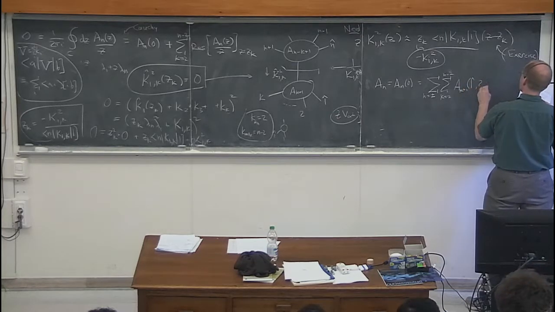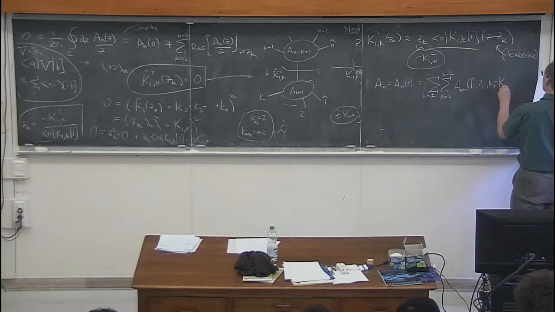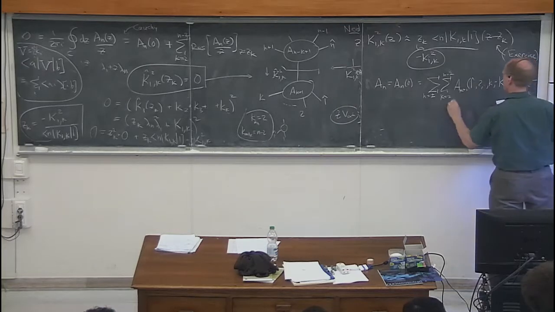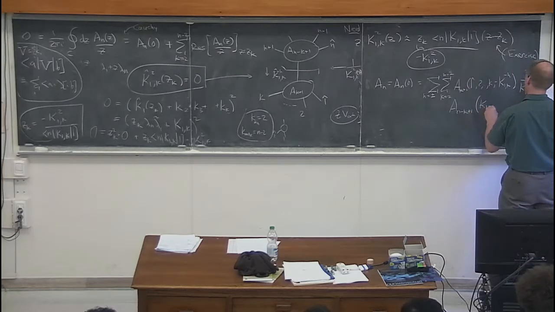I'm not bothering to show all the helicities of the external states, but I'm just going to show the helicity of the intermediate state. There's a factor of i. This unshifted propagator ends up down here. I should put a hat on everything that's shifted.